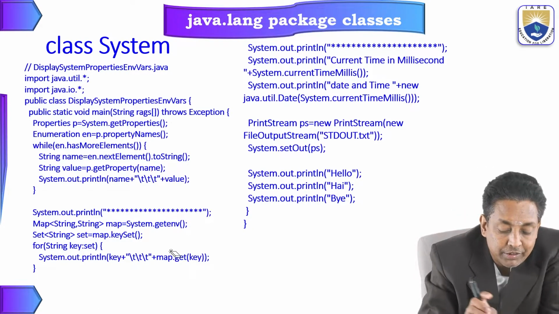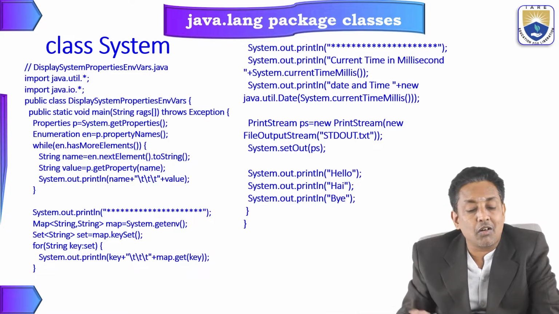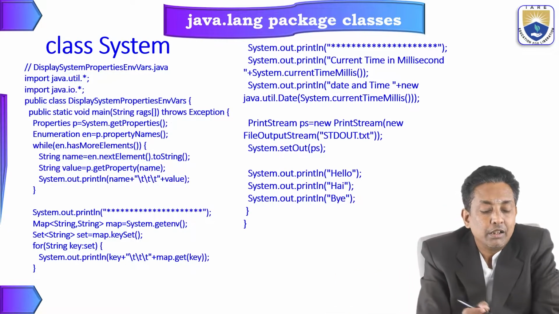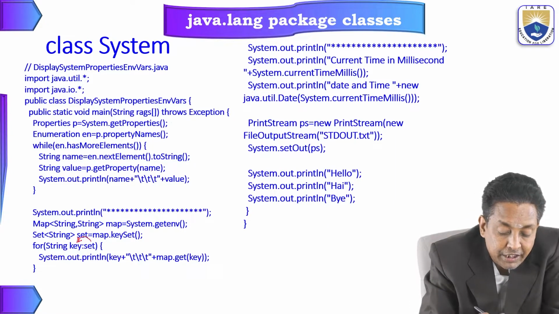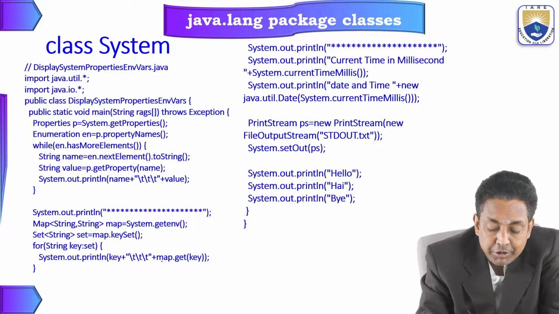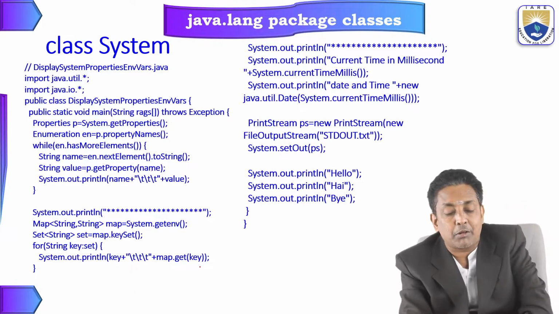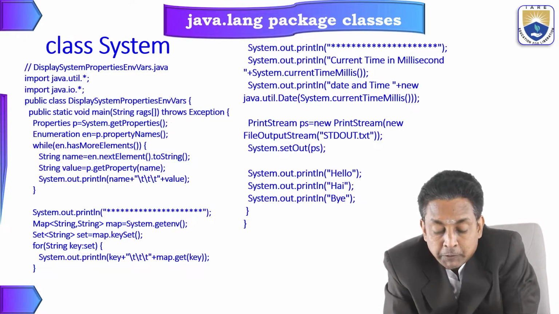Set is also one of the interfaces in the collection API. Set, List, Map are all part of the collection API. So using an enhanced for loop over the set, we retrieve each key into the String key. Because Map holds both key and value pairs, if you pass each key to map.get, you will get the value that we are printing here.